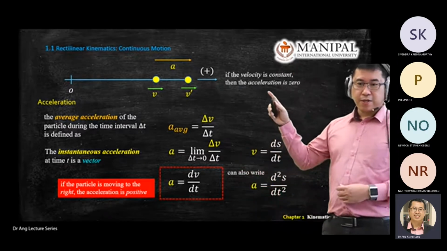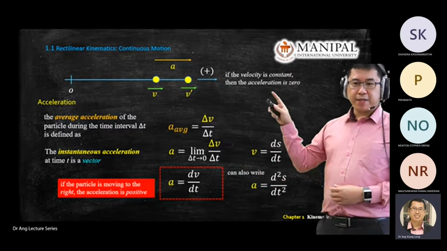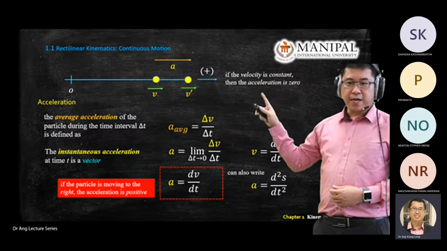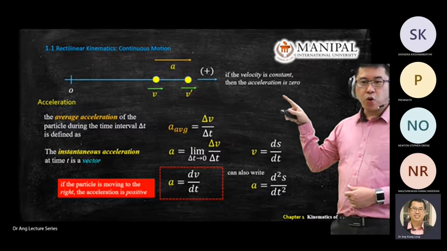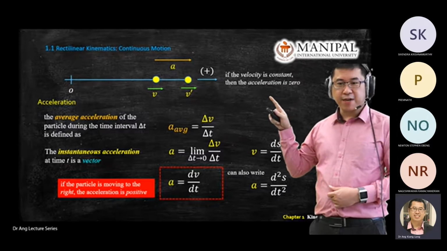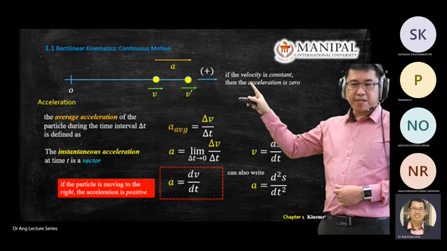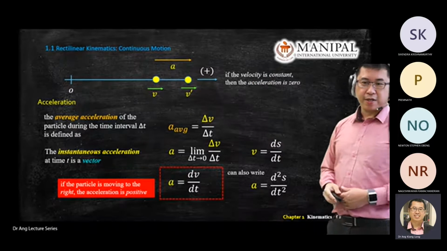So just a reminder, this is also another add-on. What happens if your velocity is constant? Your acceleration will be 0. This is untold information that you will see in final exam questions, where we will purposely put this statement in the question.